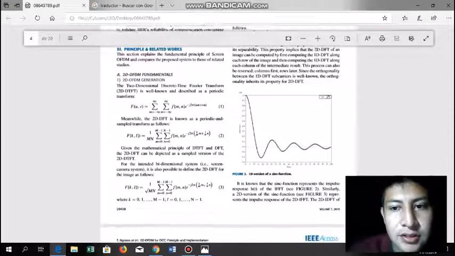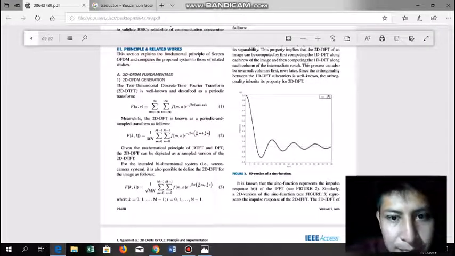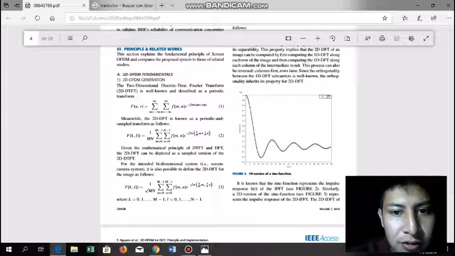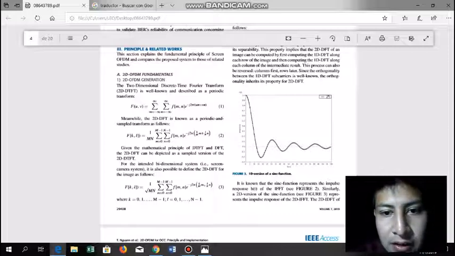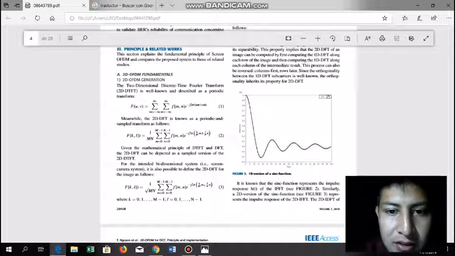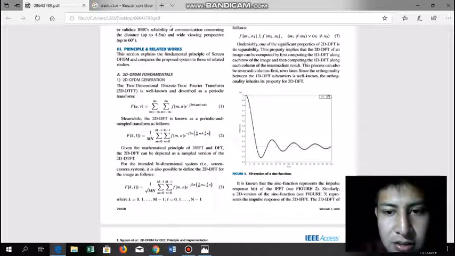This process can also be reversed, column versus row, since the orthogonality between the 1D DFT subcarriers is well known. The orthogonality inherits its properties for the 2D DFT.